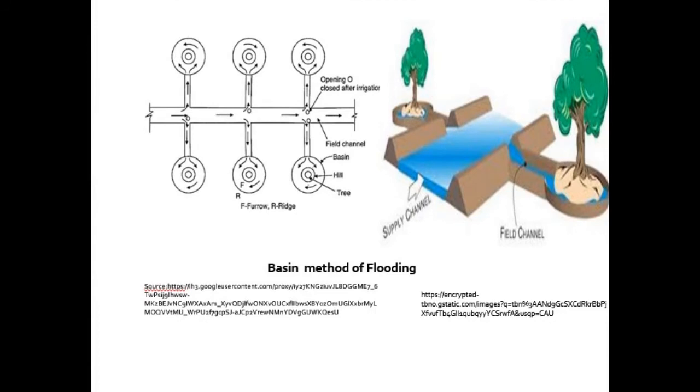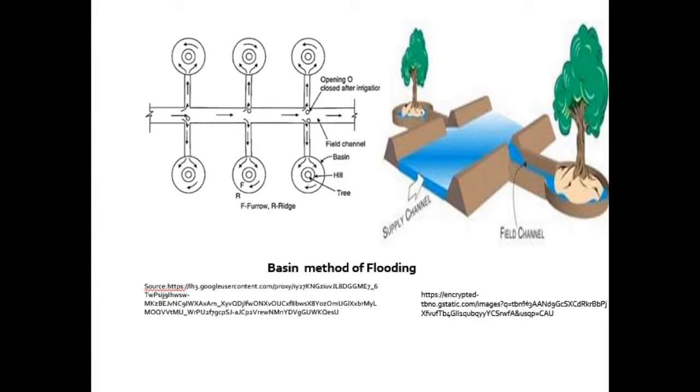Now, the fourth method of controlled flooding is basin flooding, and it is essentially a check method of flooding adapted for irrigation of orchards. In orchards, basins are made around one or more trees depending on the soil conditions and topography.